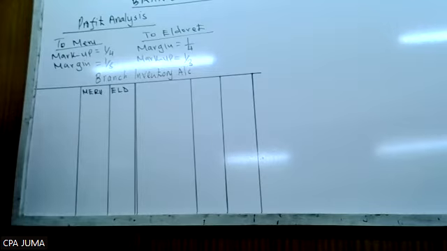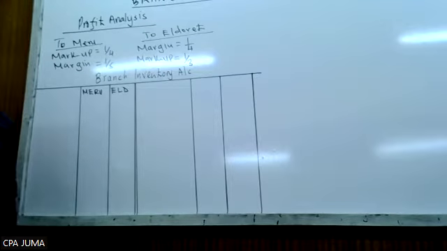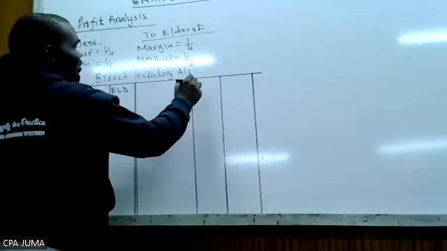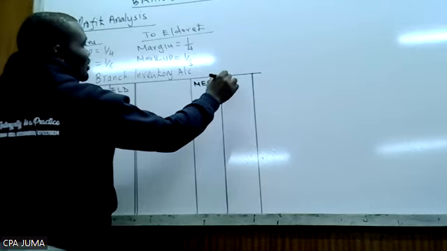Who comes from Meru here? Me. Oh, she comes from Meru. Yes. What is the distance from Nairobi to Meru? How many hours? Maua is around 8 hours.